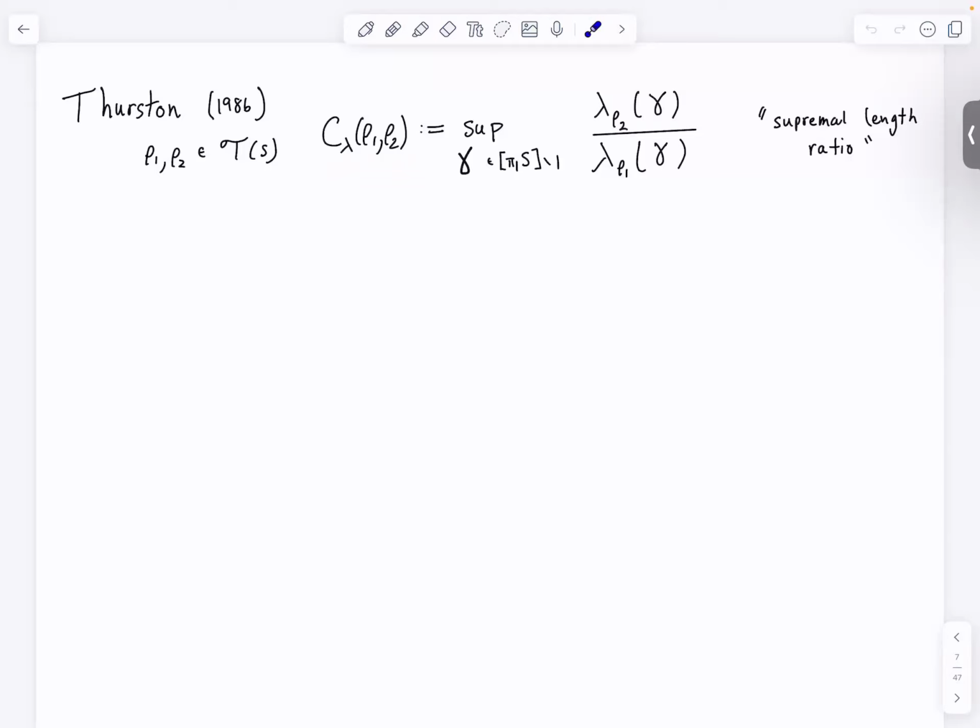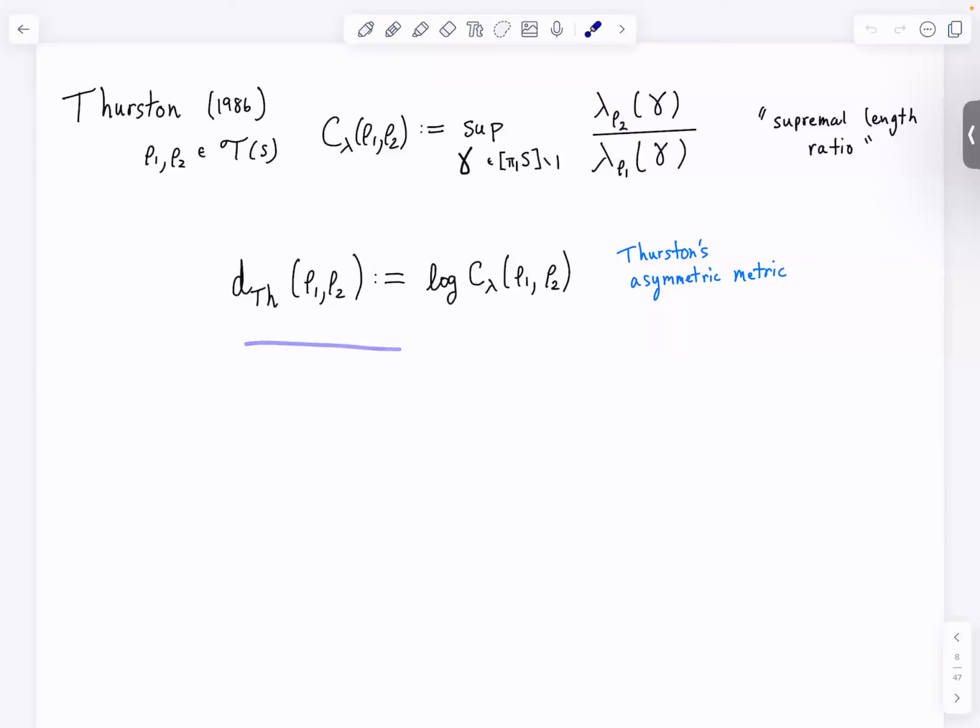Okay, so from this, you can actually make a metric on Teichmüller space. You just take rho 1, rho 2, and you take the log of C lambda. Okay, so it's abstract nonsense to check that this function satisfies the triangle inequality. It's non-trivial, but true that C lambda is bigger than 1 if the two hyperbolic metrics are different.